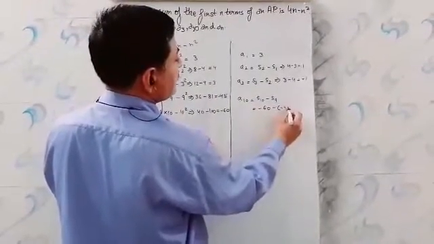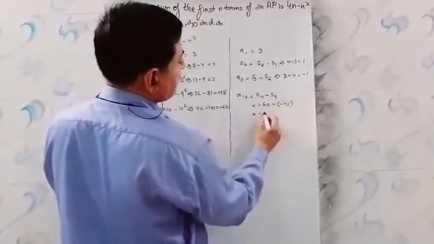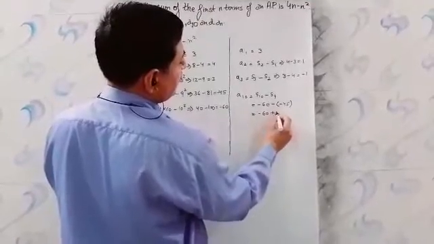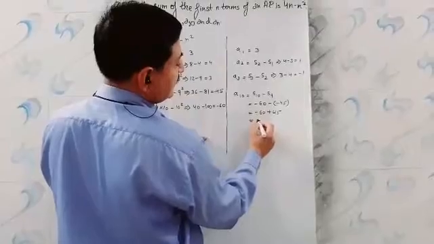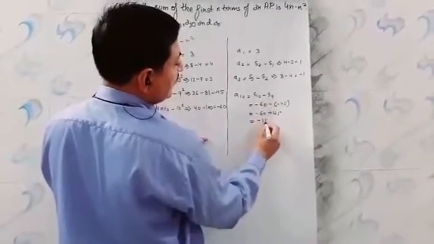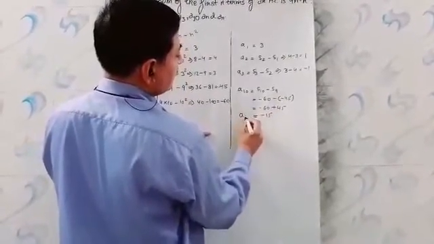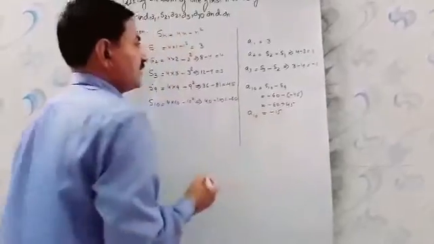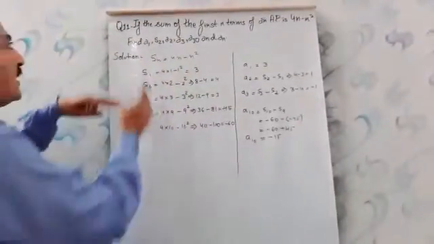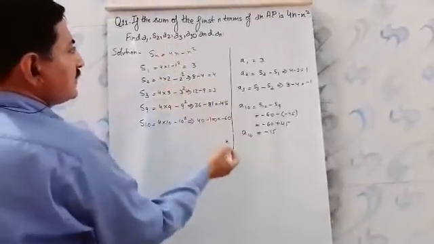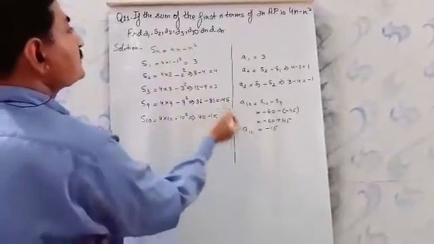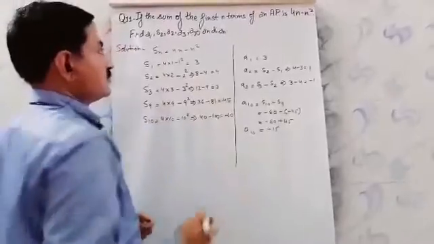Write it as it is: minus 60 plus 45. Because 60 is greater, 60 minus 45 is 15, so minus 15. So the 10th term is minus 15. We have got the first term, the sum of the two terms, the second term, the third term, and the 10th term also.